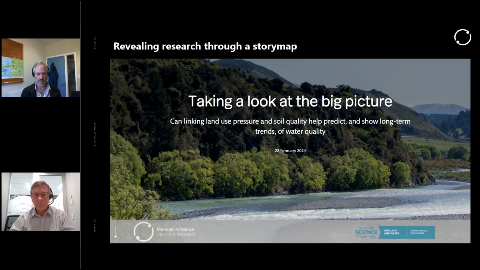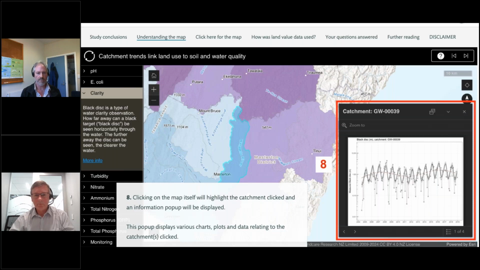So what we decided to do is present some stuff for catchments around the country. So you can zoom in, look at catchments that you're interested in. Here's an example near Masterton, and you can get things like water clarity, turbidity, nitrogen, phosphorus, and so on, and they're listed on the left-hand side of the diagram.